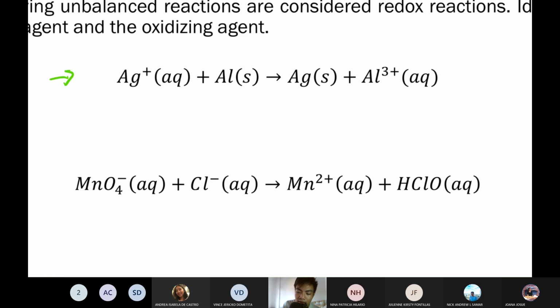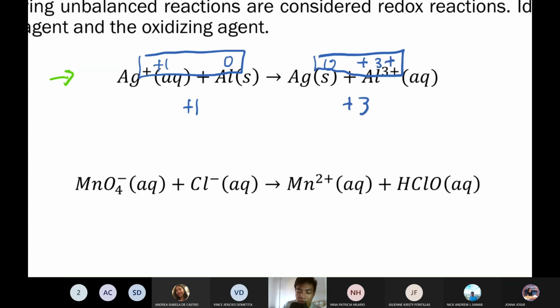So, on the left side, ang charges ay positive 1 pati 0. On the right side, the charges are 0 and positive 3. Hindi balanced yung charge. Yung atoms balance, pero yung charge hindi. Pag ganun yung case, hindi balance yung equation.